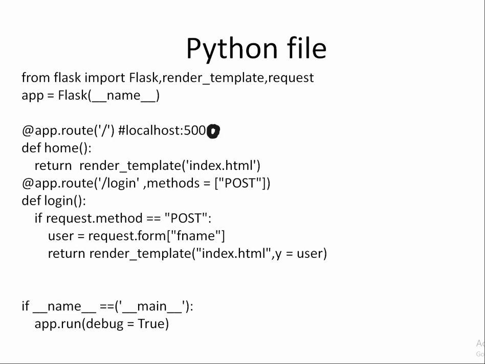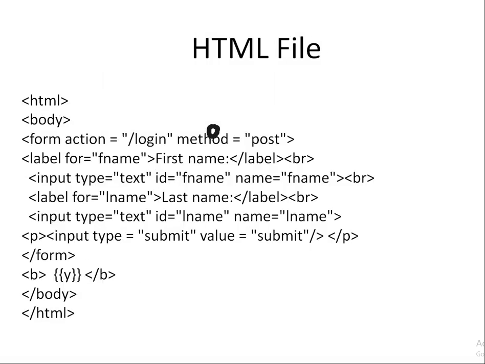App route and slash means you can just give http colon slash slash localhost colon 5000, and automatically it will go to this particular function or method, and it will render the template which is index.html. This index.html is nothing but the file we have seen in the previous slide, right? So this is the file which I am going to save as index.html.